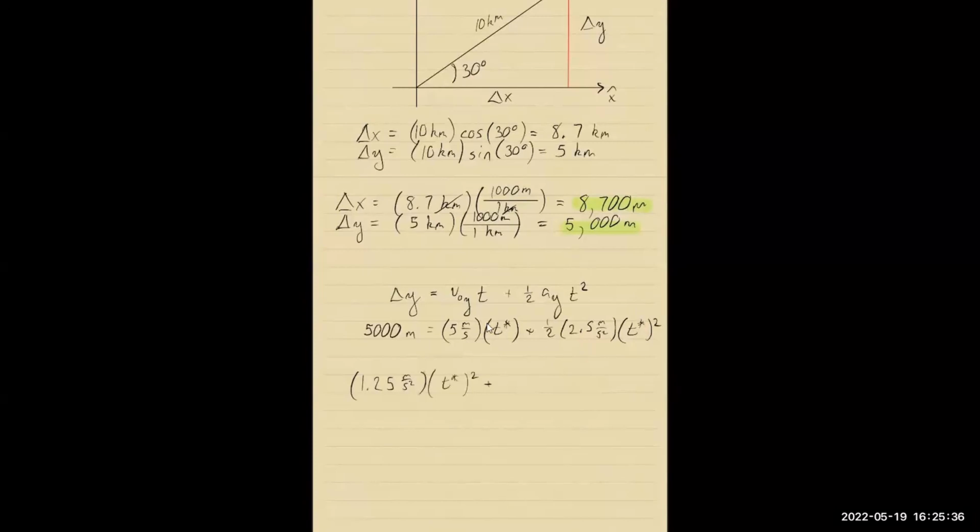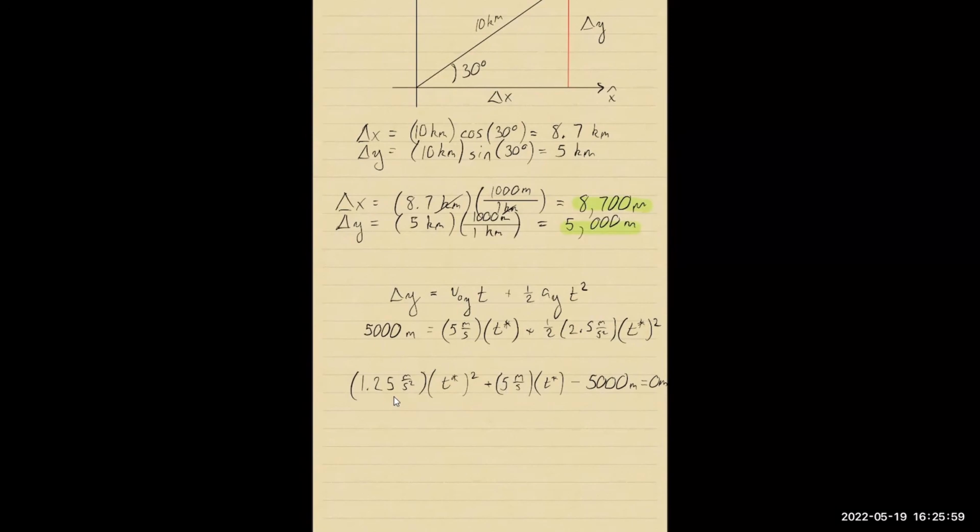plus 5 meters per second times t star. And since I moved the 5,000 over, that's going to be minus 5,000 meters. And all that's equal to 0 meters. Right. So this is an example of a quadratic equation that we saw last lecture.